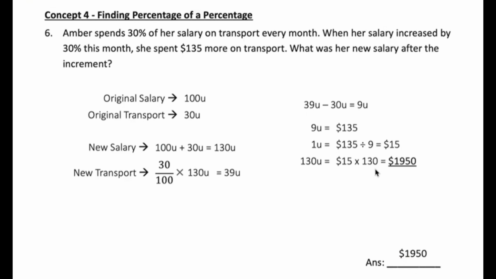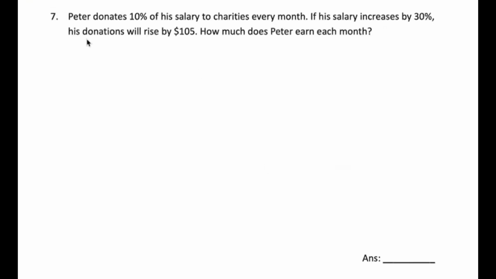Okay, so first, Peter donates 10% of his salary to charities every month. His salary increases by 30%. The way this kind of question is structured is very similar. They will tell you how much they spent on their original salary.